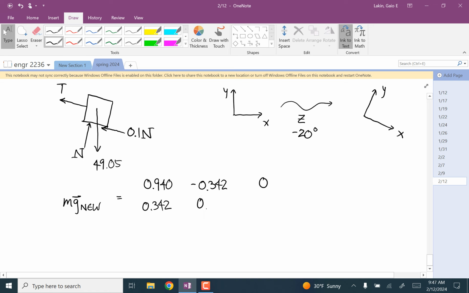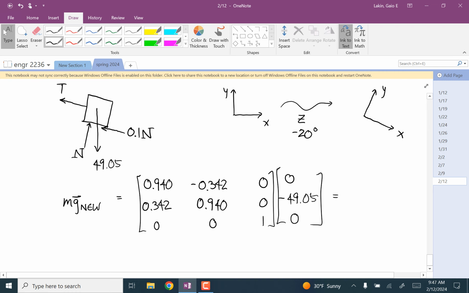Cosine of negative 20 is 0.940. And then 0, 0, 1. And just multiply that in your calculator by 0, negative 49.05, 0. And you get, what's 0.342 times 49.05?